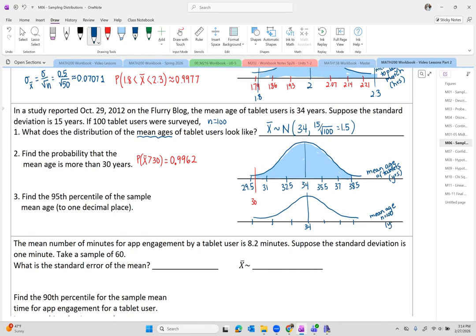It is measured in years, and the 95th percentile will be some value of the variable. We are looking for this x bar equals what? That has the property that 95% of the data of the sample means from samples of size 100 will fall below that value.